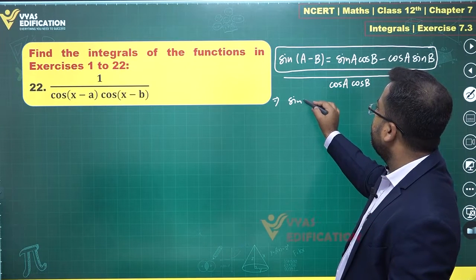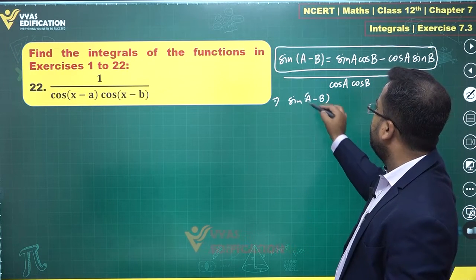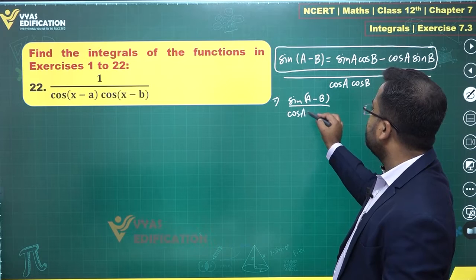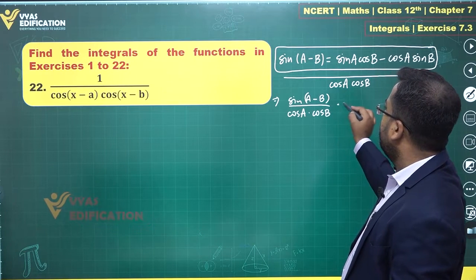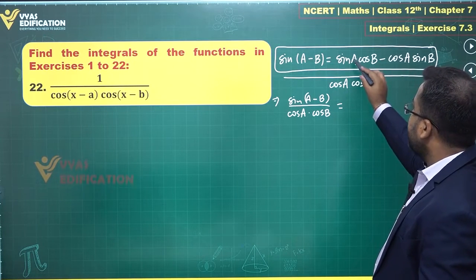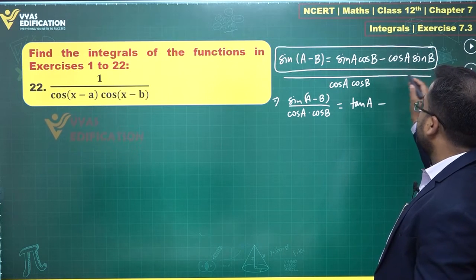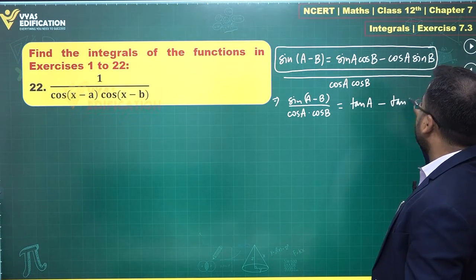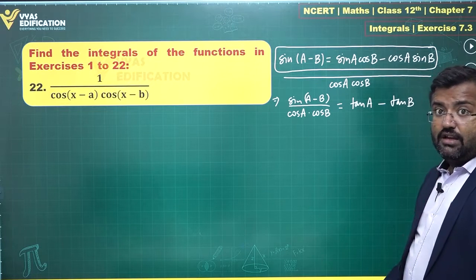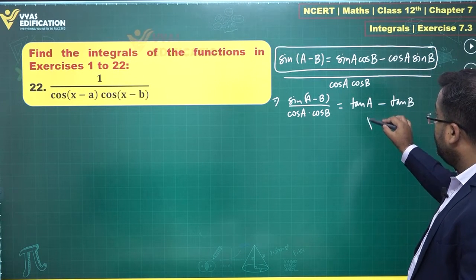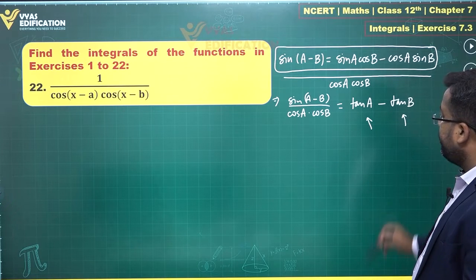This is sine of A minus B. In the denominator you have cos A cos B, which is equal to sin A cos B over cos A cos B, which is tan A, minus cos A sin B, where cos A cancels, this is tan B. And do I know the integrals of these?